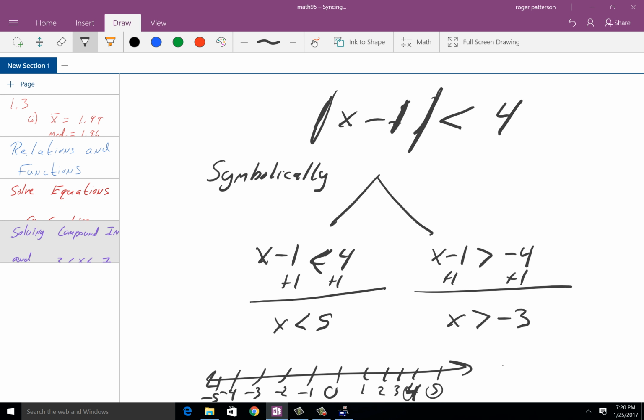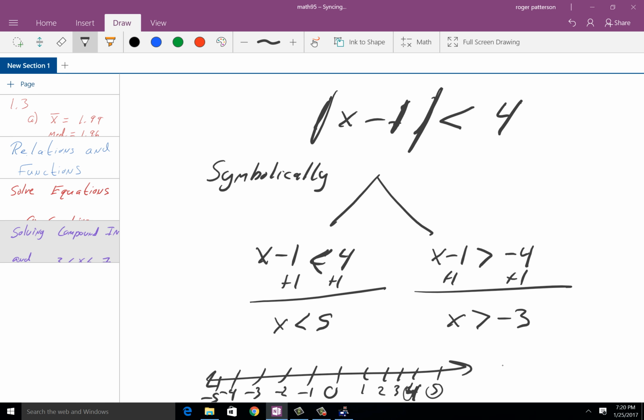So you have to recognize that. All right? That this is actually an and problem. So I put it together like that. Okay? That's how I'm going to put it together. So this is where the ands and the ors are going to come into place in solving these out.